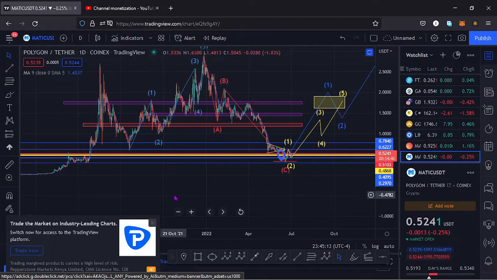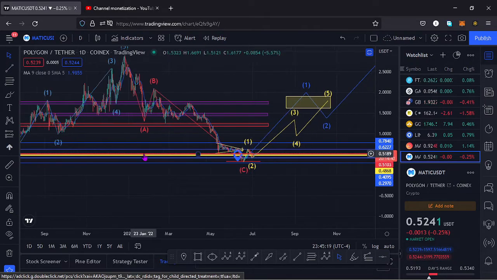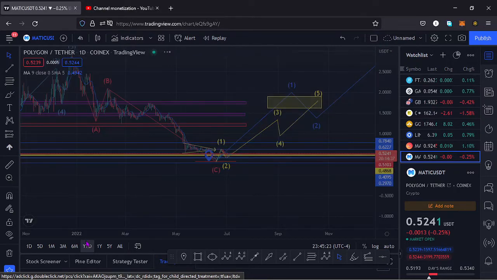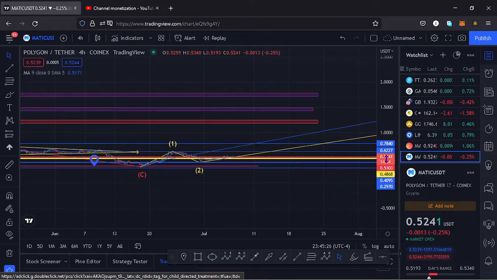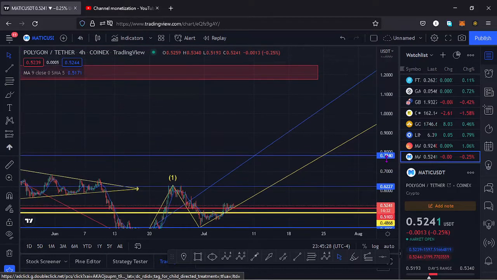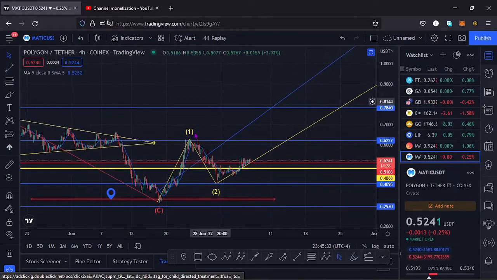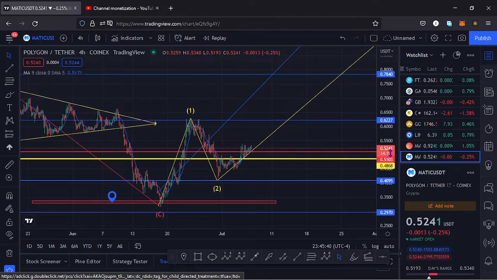So if I go to the 4-hour chart, here on the 4-hour chart, you can see that clearly. You can see that here we have formed a wave 1 to the upper side, and then we have formed a wave 2, and now at the moment we are in the formation of a wave 3.